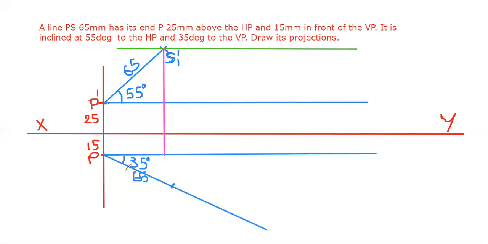Right. Let that point be S2. Through that point again you have to draw one locus line, which is a horizontal line.